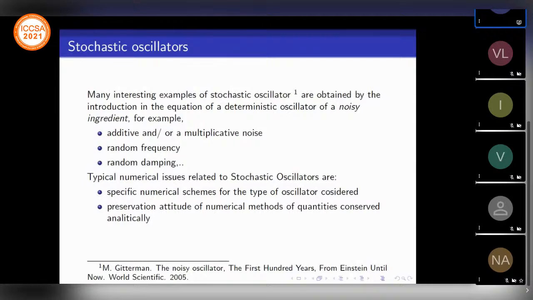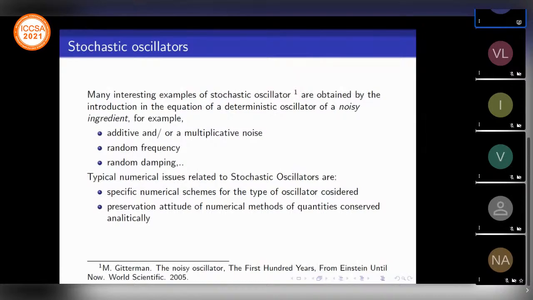We are interested in numerical analysis issues related to stochastic oscillators. Essentially, we have two main issues in literature. We can have the preservation issues: we test the preservation attitude of a numerical method for quantities which we know are conserved in the model analytically.